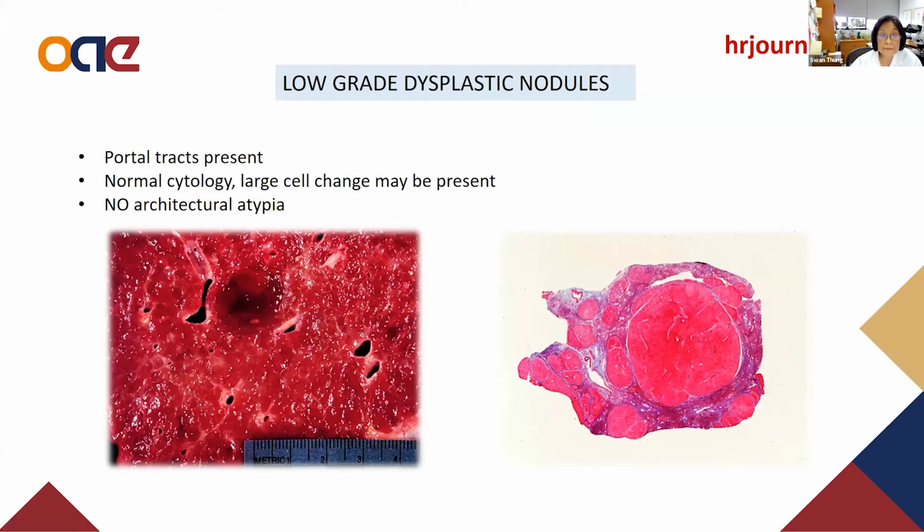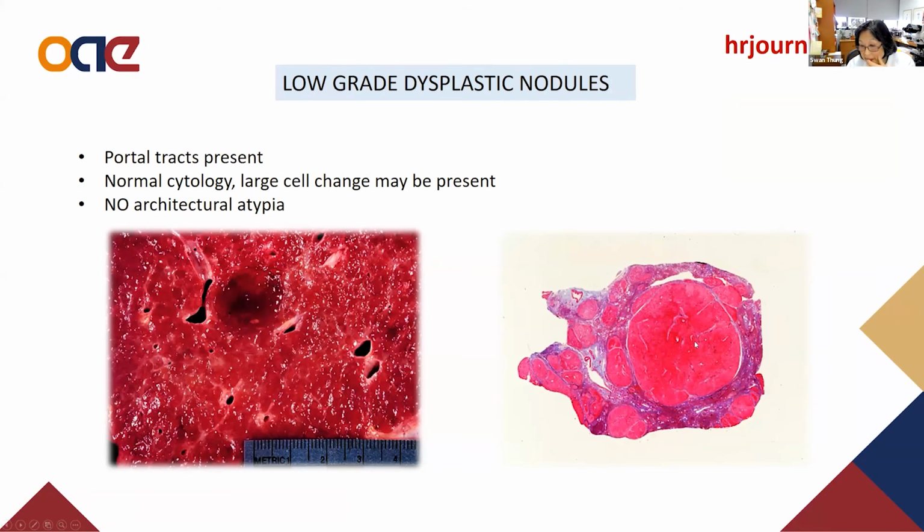So this is an example of a low-grade dysplastic nodule. See, the color is different. It bulges more than the cirrhotic nodules, and if you examine under the microscope, it may have very small fibrosis around because it's compressing the portal tract and the fibrous septum.